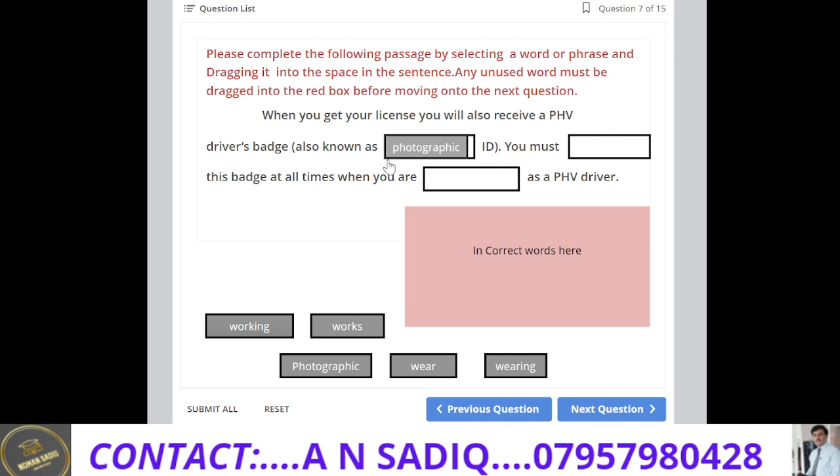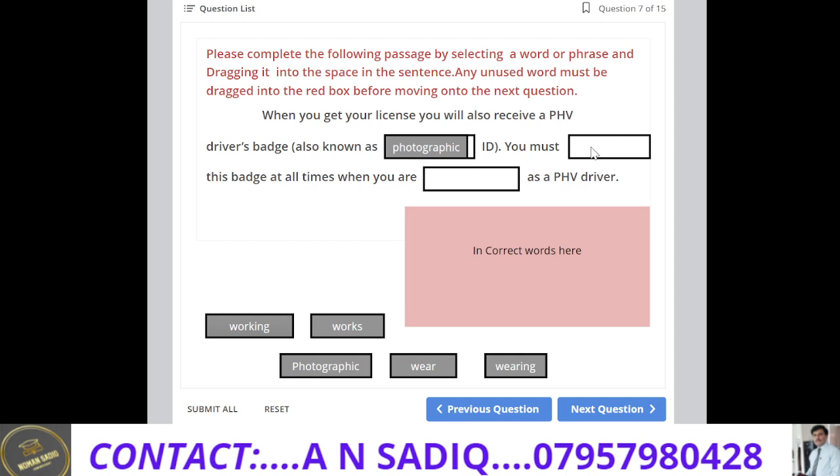We can't use this photographic because it is starting with a capital P. So always remember this point. Only a proper noun with a capital letter you can use, like London, like UK or any big city.